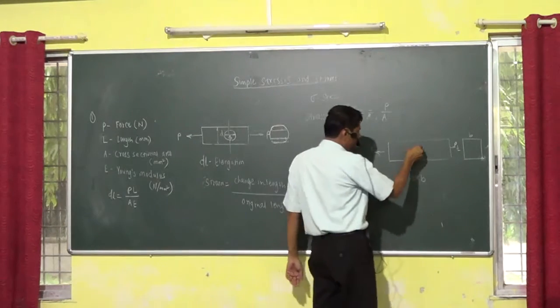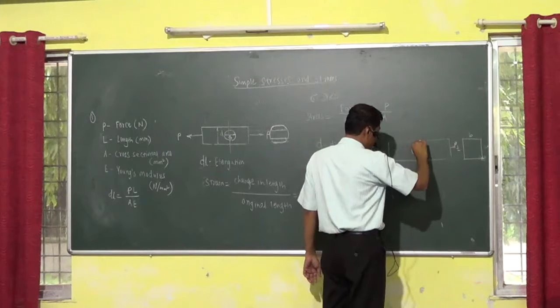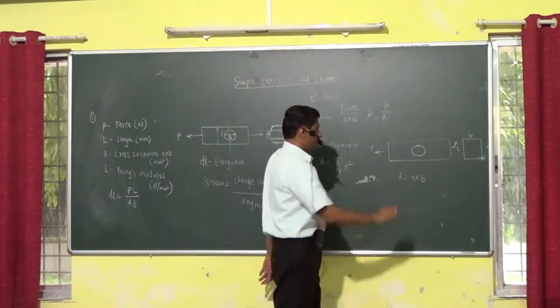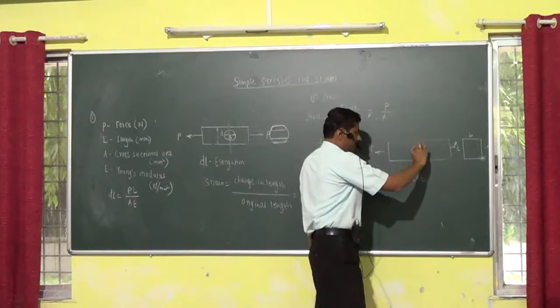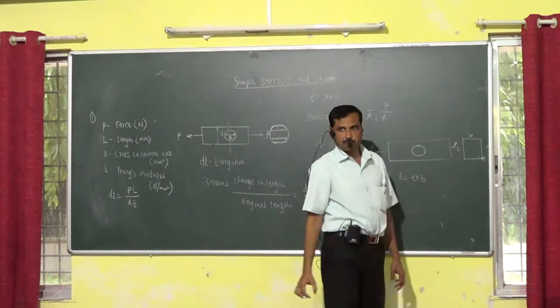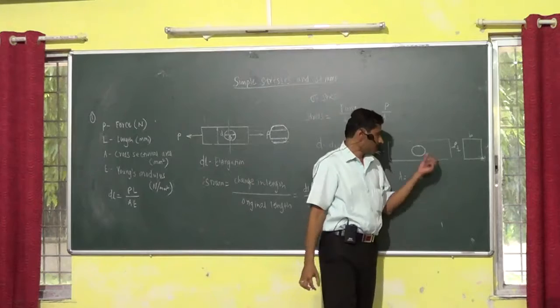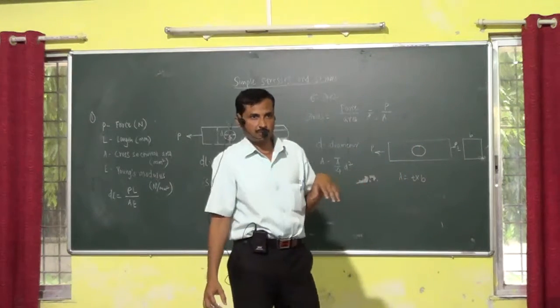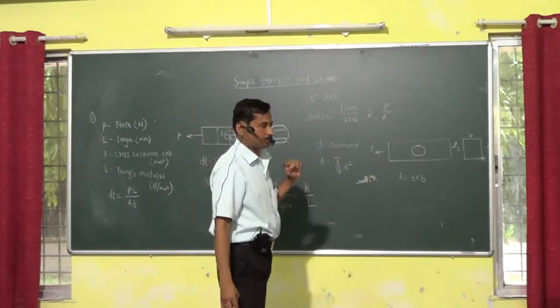Suppose we are taking a hole here in this section. Then this particular area will be taken into consideration, and this much area which is removed by cutting the hole will get reduced.